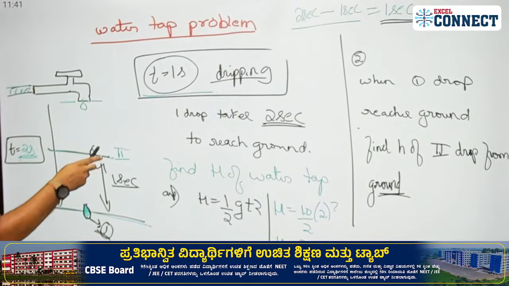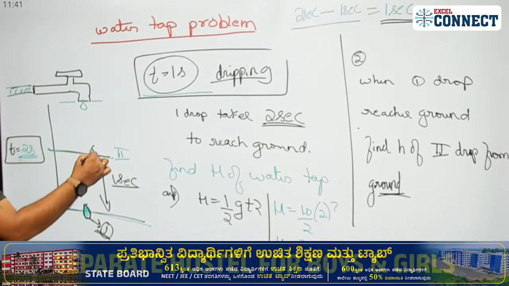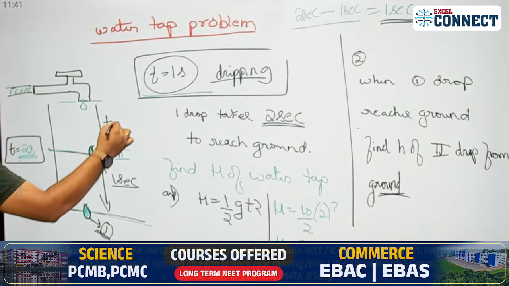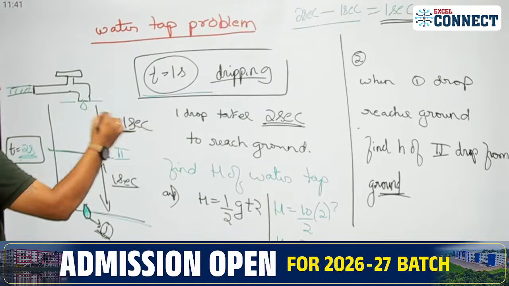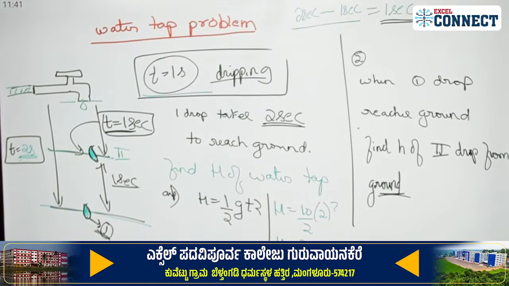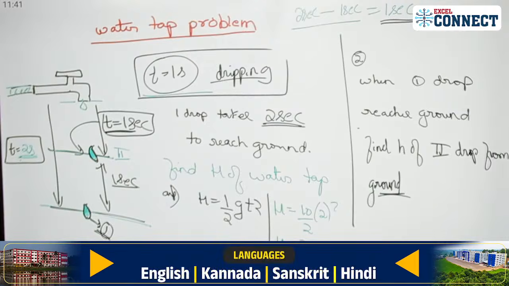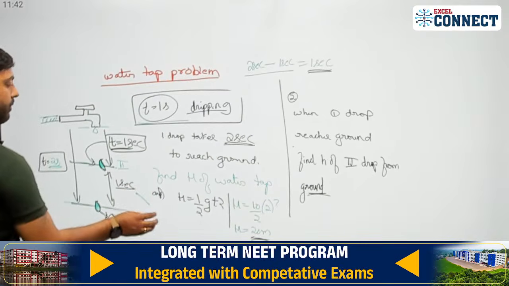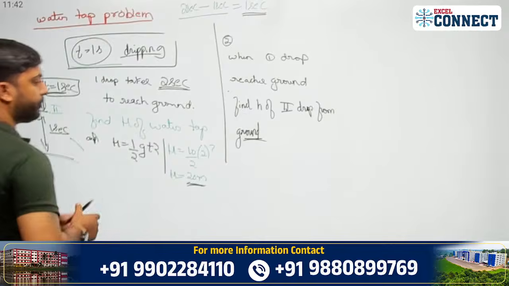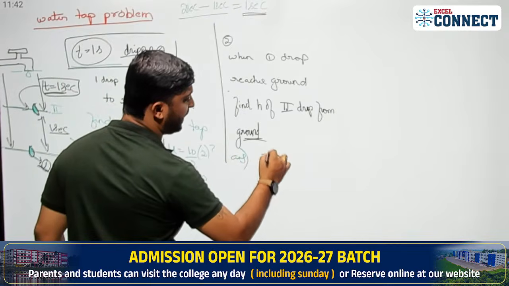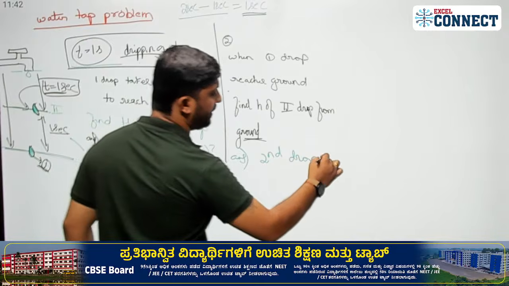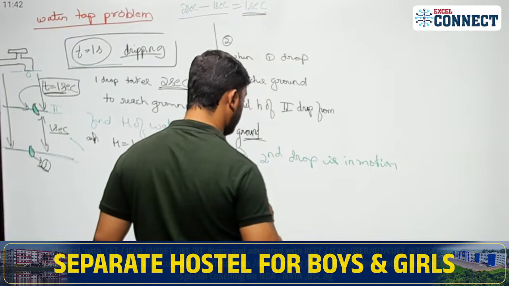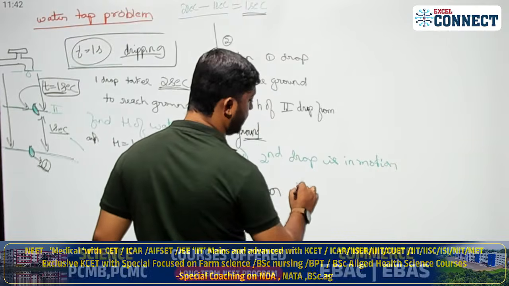So the second drop takes 1 second, right? Time taken by the second drop is 1 second. Now how to calculate the height of the second drop? The second drop is in motion for how many seconds? 1 second, right?